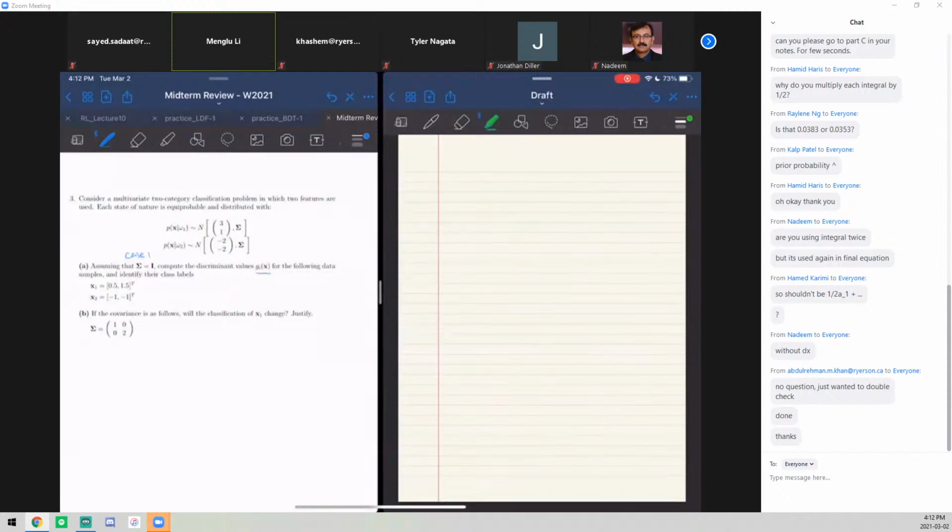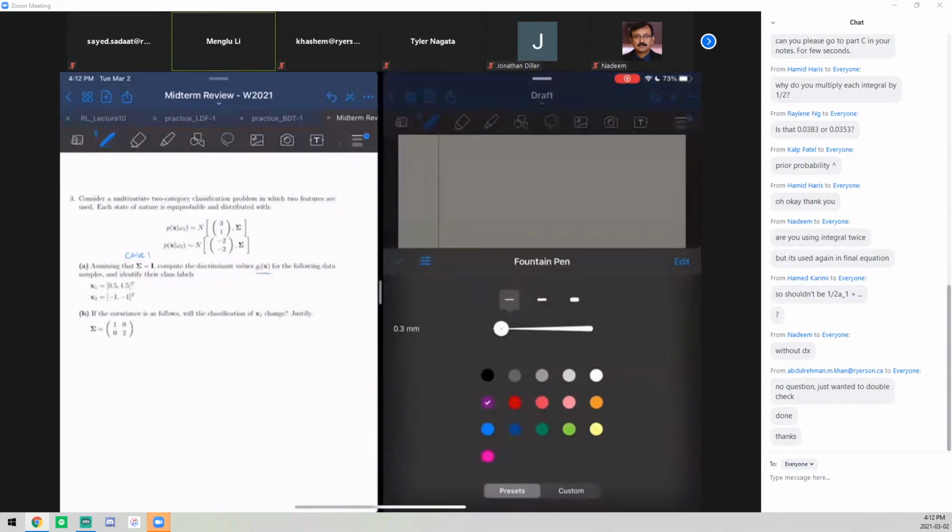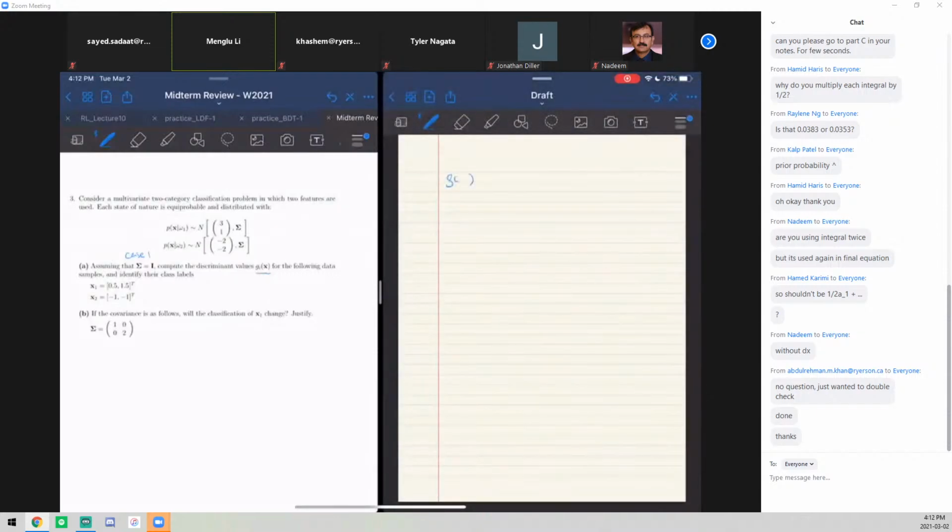The G function for case one is this. That's the G function for case one.